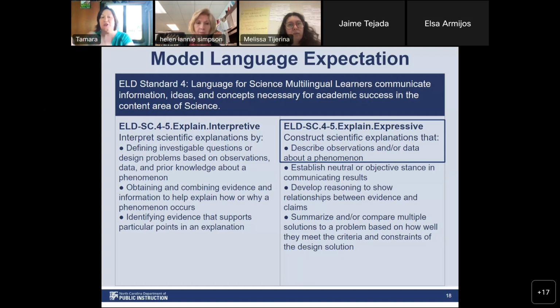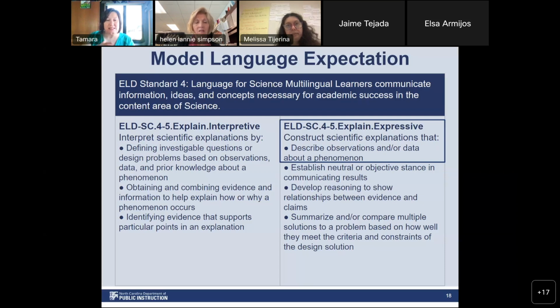But then underneath that, you're going to see 2 English language development language expectations. And again, these look like the nomenclature of any other core content standard. And we're seeing again how there's the hyphen, the periods to separate the standard, the grade level cluster, the key language use, and our mode of communication. And you can see that we have sort of parallel language expectations between interpretive and expressive.